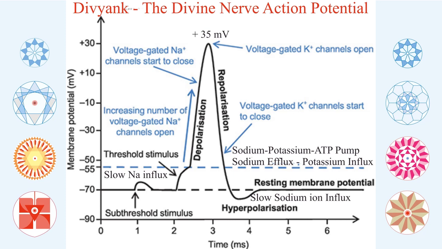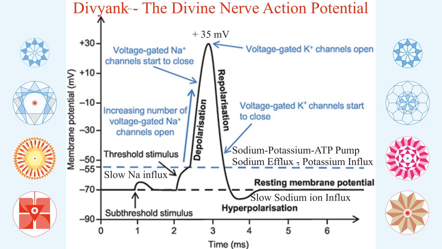Between minus 55 and 0 is one spectrum, and 0 to 35 is the second spectrum. And the ratio of 55 to 35, interesting again, is Divyank. Is it my perception, or is this what the picture itself is telling? There are so many hidden things in this picture which I am trying to bring out to make it entertaining for you. So it is plus 35, which is perfect, not 30. 70 fine, 55 fine, but 35 is better.